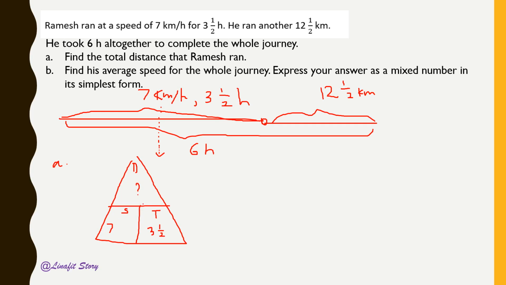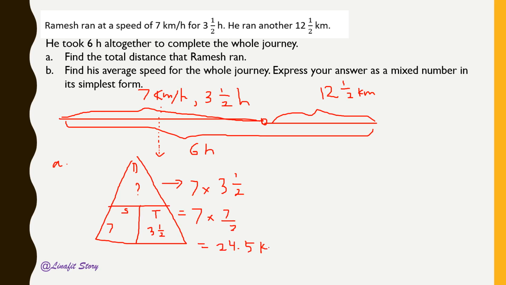So to get the distance would be 7 times 3.5. You may convert 3.5 into an improper fraction. So it will be 7 times 7 out of 2 equals 24.5 km.